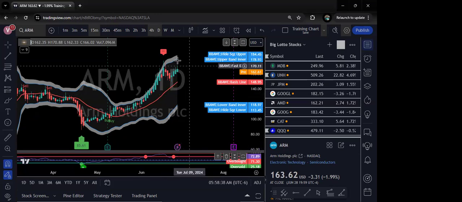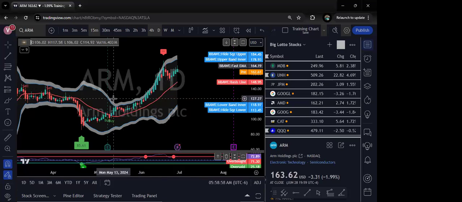So from 163 to 184 is still some good gap, or from whatever it is now to go back to the mid band, which is 148. So either direction, it's still a good play because it has a wide band.